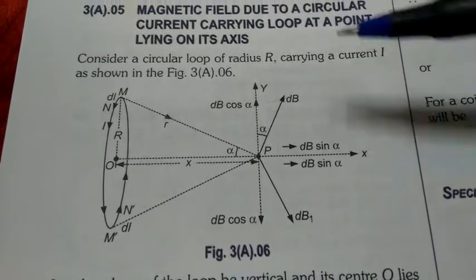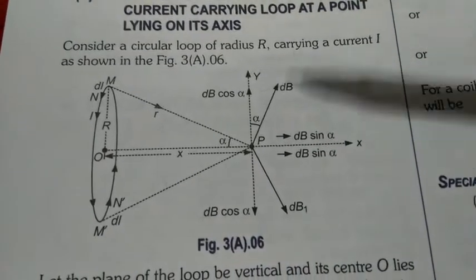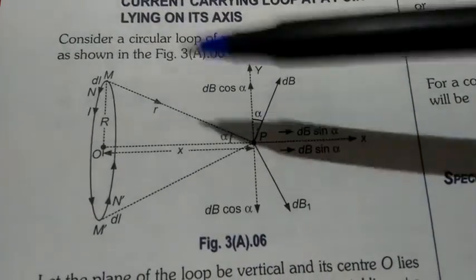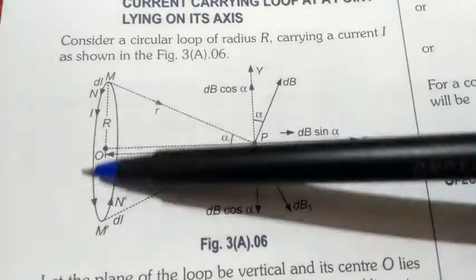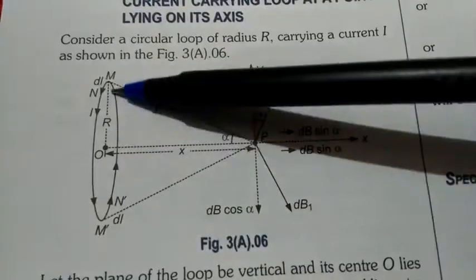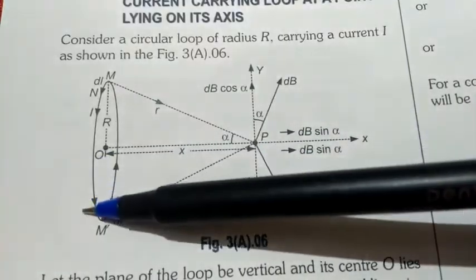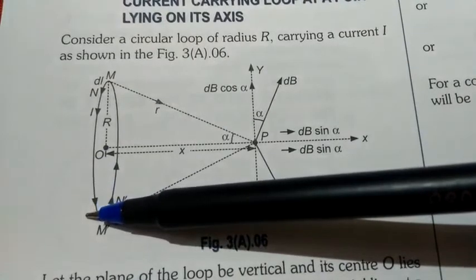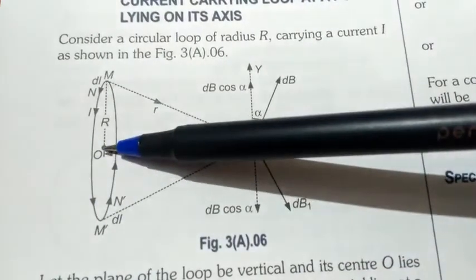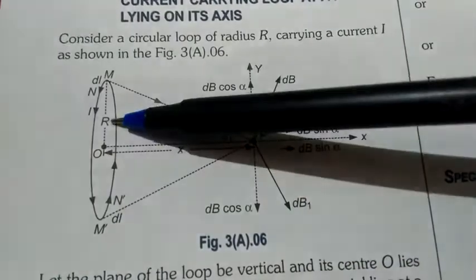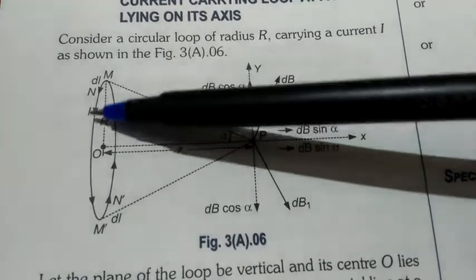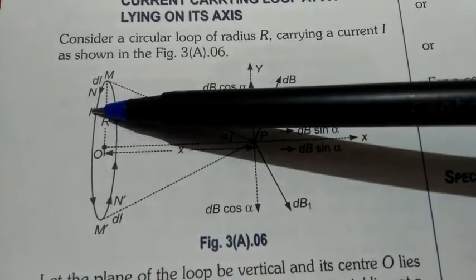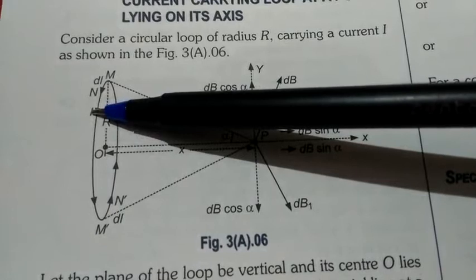Now to find that magnetic field, you first have to understand the figure very clearly. Here you can see this is one circular loop in which current is flowing in anti-clockwise direction. O is the center of the loop, R is the radius, I is the amount of current flowing in the loop.